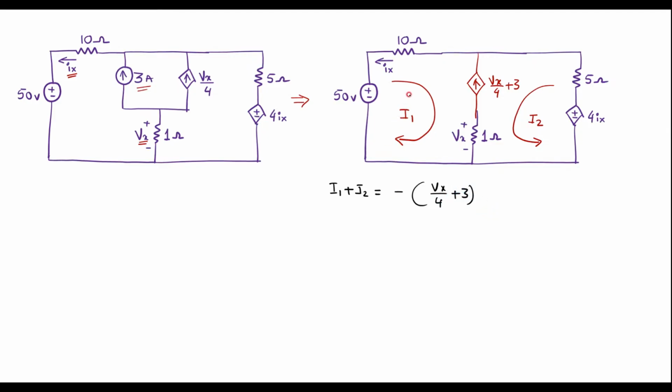Further here we can observe that Ix is the current flowing in the same loop as I1, but Ix and I1 are opposite to each other. I can write I1 is equal to minus Ix.